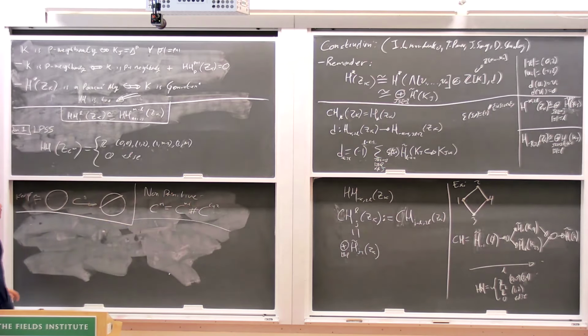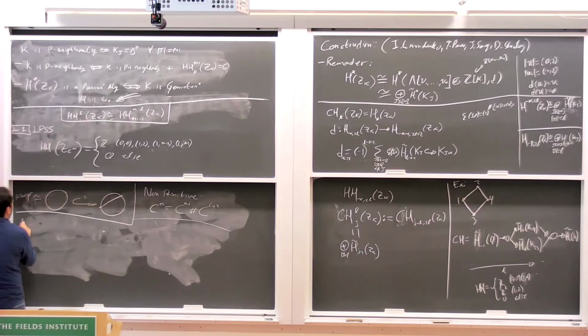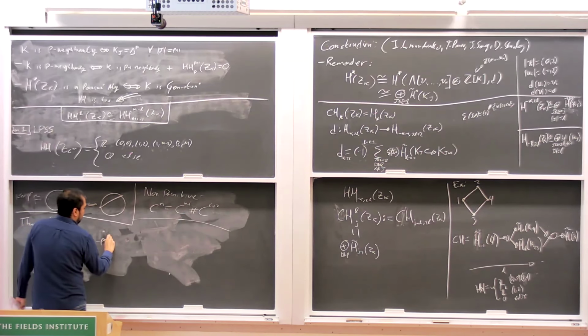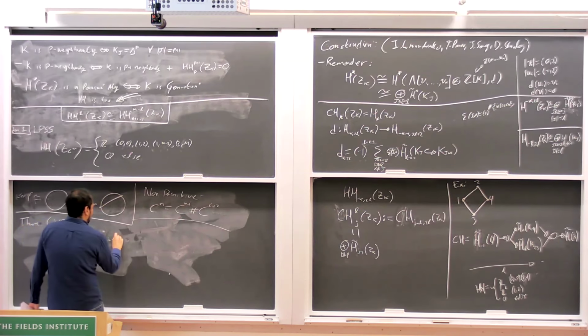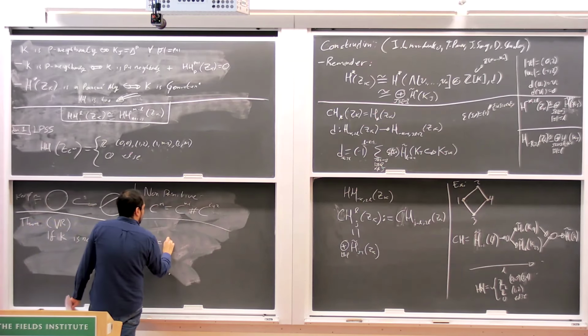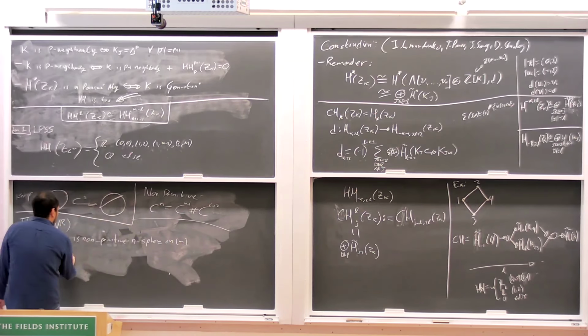So what happens if we have a non-primitive sphere triangulation? It turns out that we have exactly the same thing as before. So if K is a non-primitive n sphere on M, then HH is going to be, again, exactly the same thing.